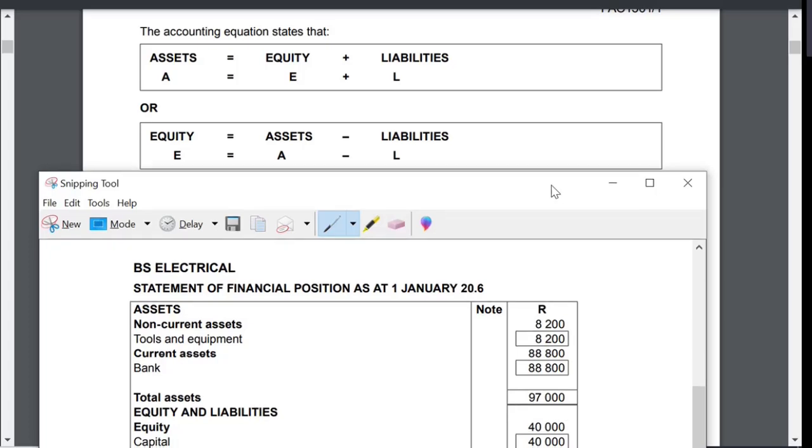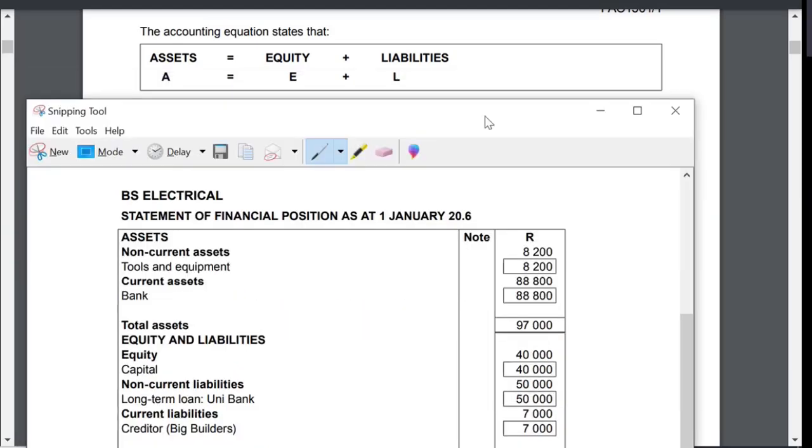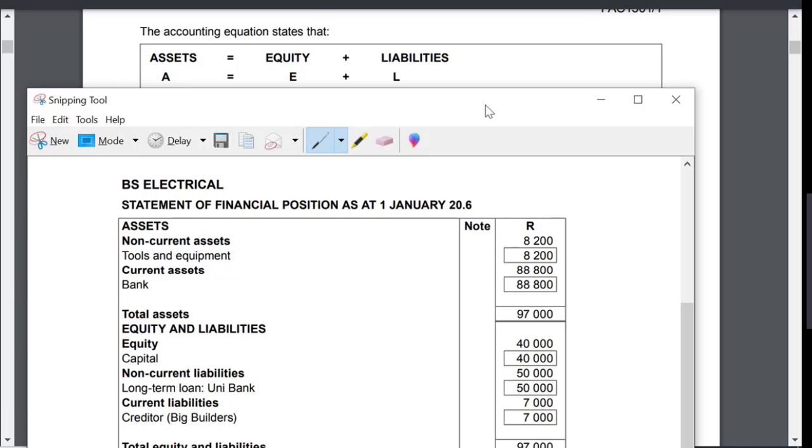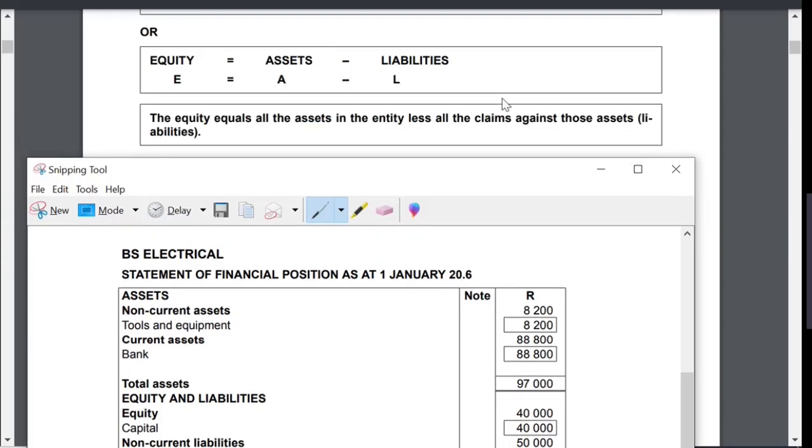So how much is equity? Equity is 40,000. And assets is 97,000. So 97,000 minus liabilities. How much are your liabilities? It's 57,000. You see? This is how you get it wrong.